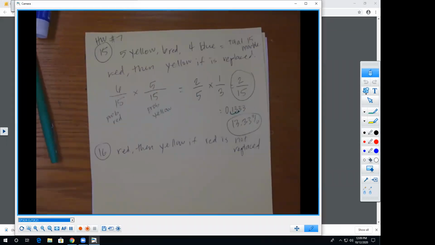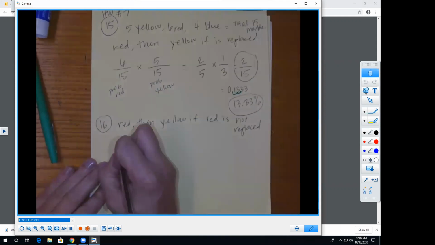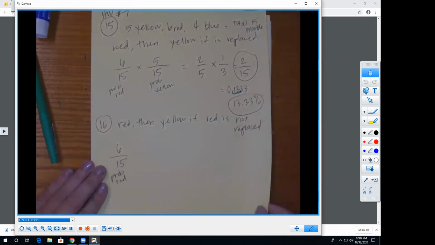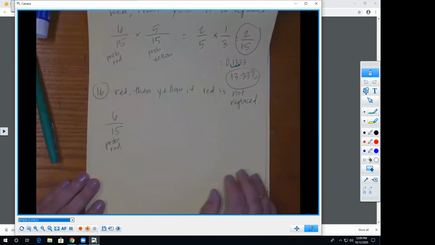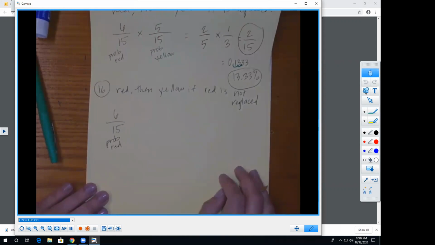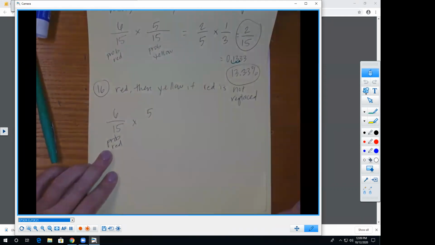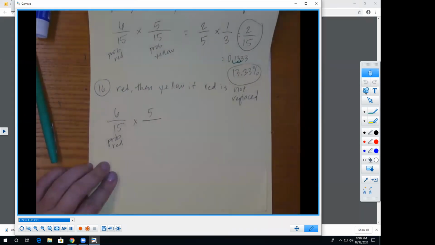Okay, so the probability of the red is still the same. There are still 6 reds out of 15 total marbles. The probability of the yellow is different this time. There are still 5 yellow marbles, but this time we drew 1 red already, so there's only 14 marbles in the bag to draw from.